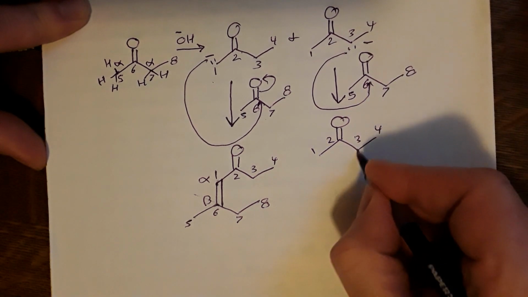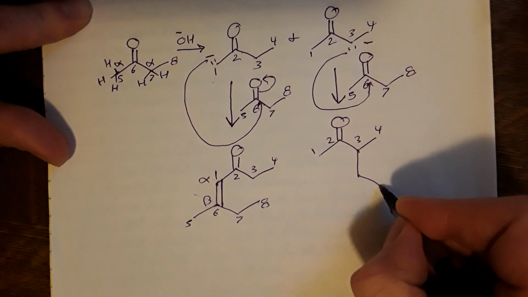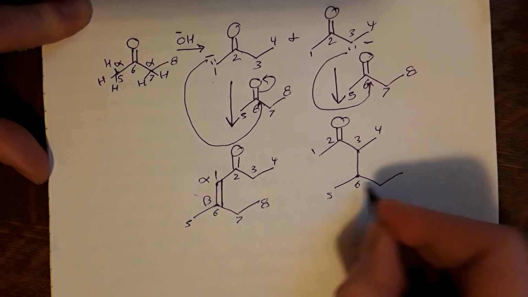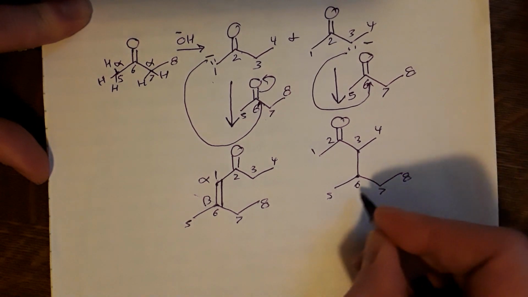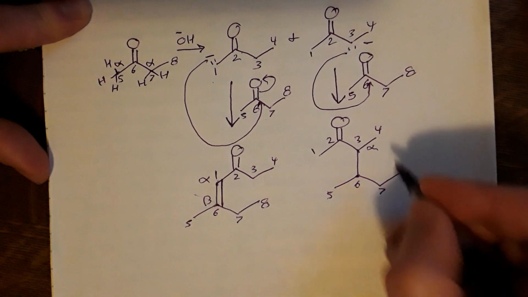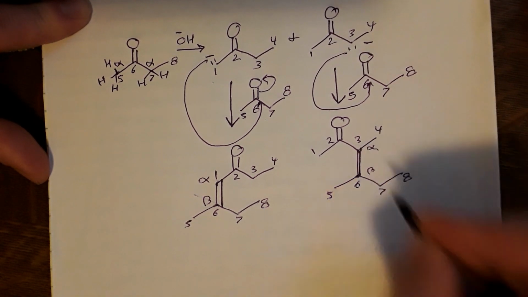And so 3 is coming down to carbon number 6 right there. Then I have 7 and 8 over here and 5 here. So 5, 6, 7, 8. And here's my original alpha carbon. Here's the beta, and the double bond forms there.